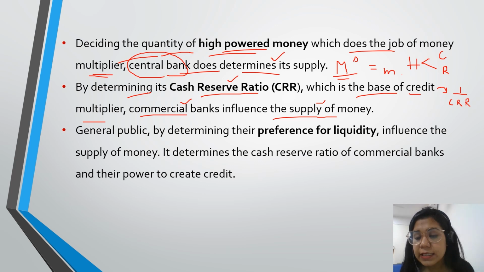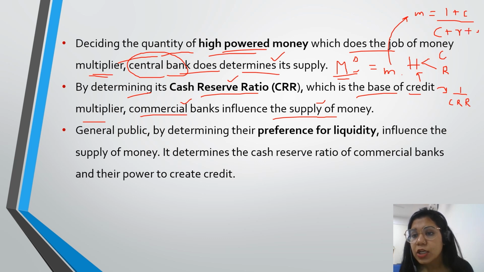See, in the single banking case, we had read that this credit multiplier into our H gave us the money supply. And similarly, if you remember the formula of the money multiplier, it also included the CRR. How? The money multiplier was equal to 1 plus C upon C plus R plus E. Now what was this C?